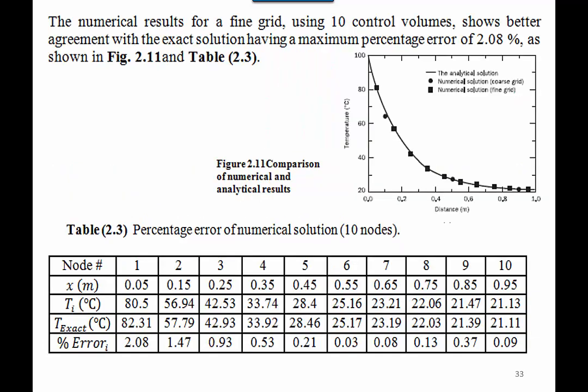And if we increase our control volumes up to 10, we make a refinement of our grid, and the validation of this 10 control volume solution gives us table 2.3 with a maximum error of approximately 2.08%. That means when we refine the grid, we will definitely reduce the error value.